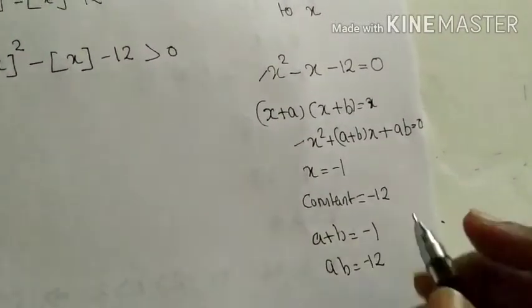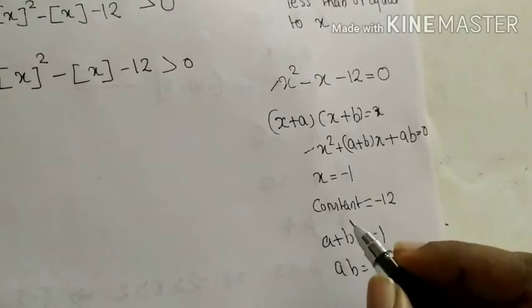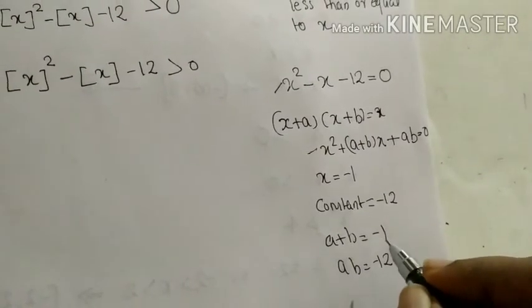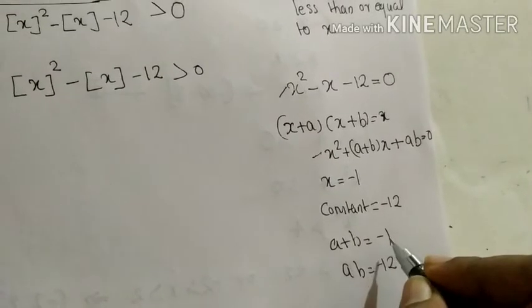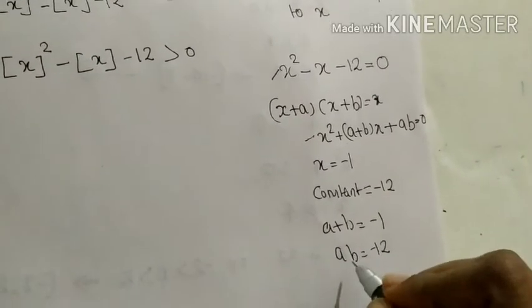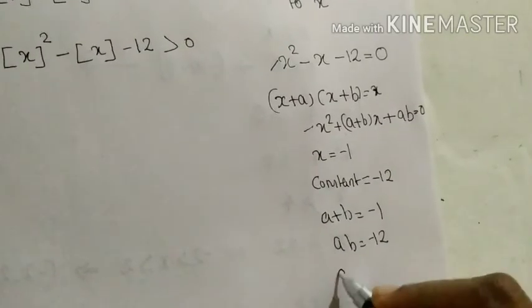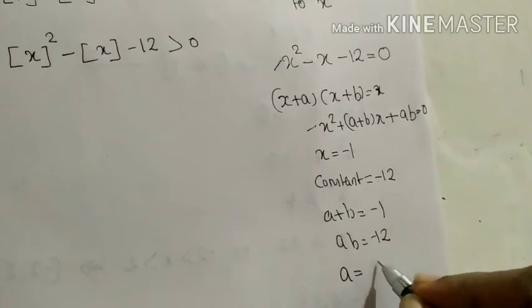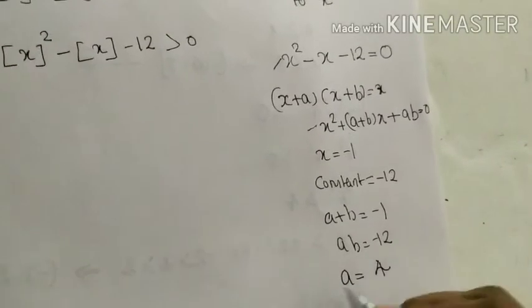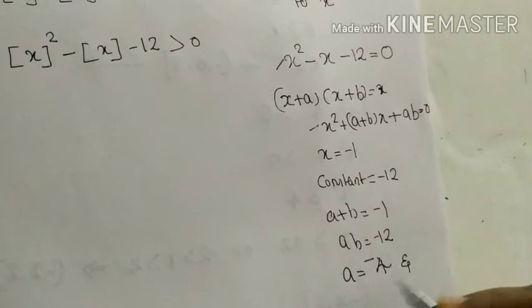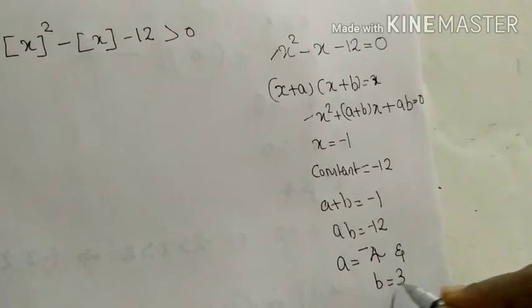We know that if we add two numbers and get minus 1, and if we multiply the two numbers and get minus 12, the numbers are minus 4 and 3.